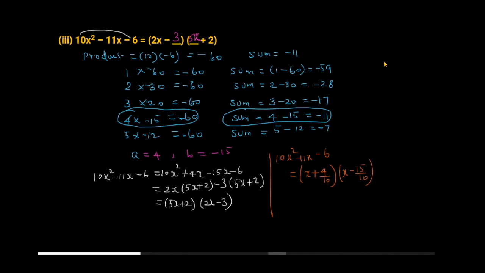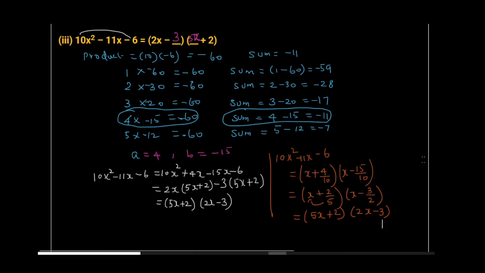We should divide by 10 because the x squared coefficient is 10. So x, the common number 2, we are dividing this 2 by 5. Then x, the common number is 5, so 3 by 2. Then multiply this here. We will be having the factor 5x plus 2 as one factor and 2x minus 3 as the other factor. So with this method also we are getting the correct answer. You can choose any one method and find the answer.